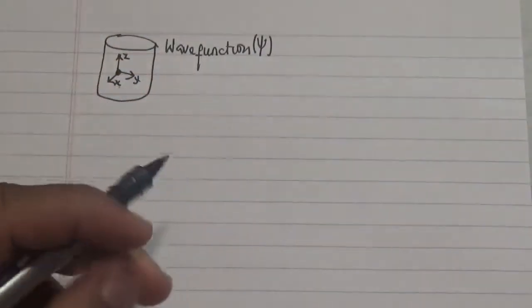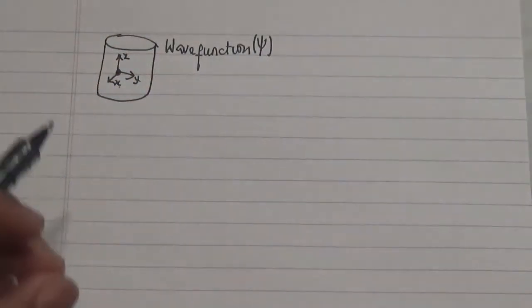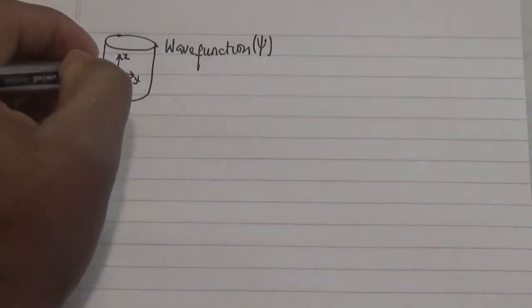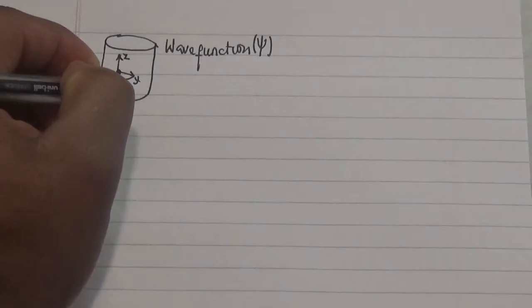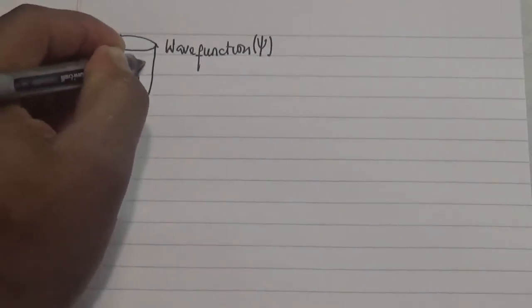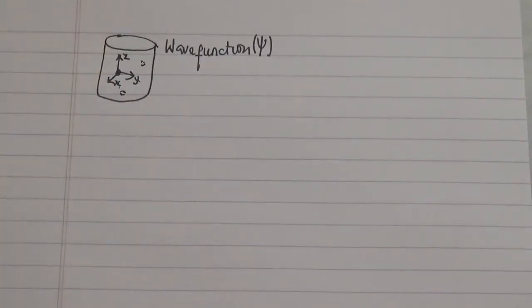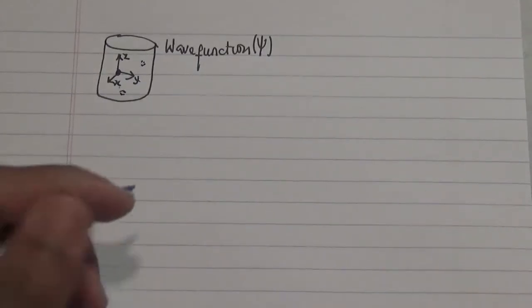Time is crucial in describing the moment at which the particle is here versus in this region of space versus another region. Now let's look at how we express this wave function in terms of probabilities.